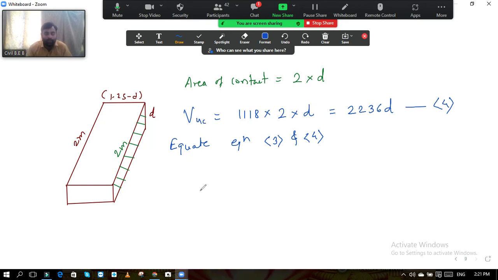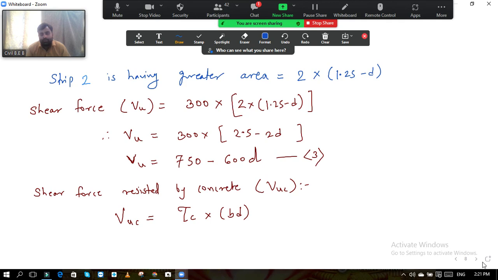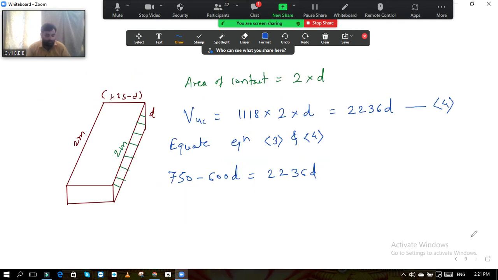So now if you equate it, then it will be 750 minus 600d must be equal to 2236d. Okay, so solve it now and let me know the value of d.